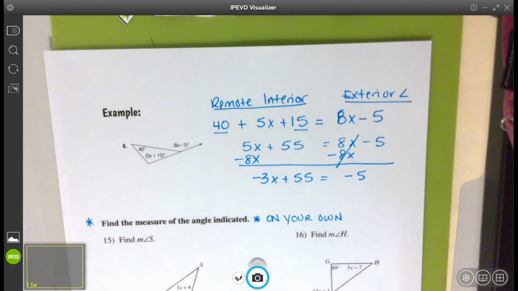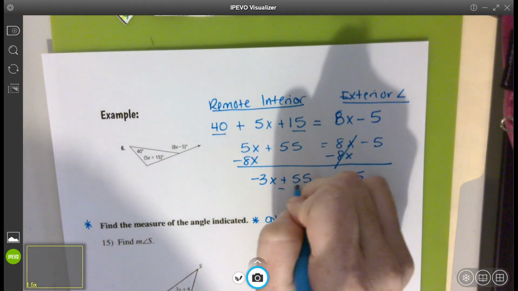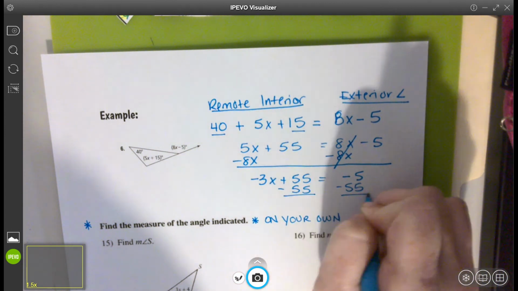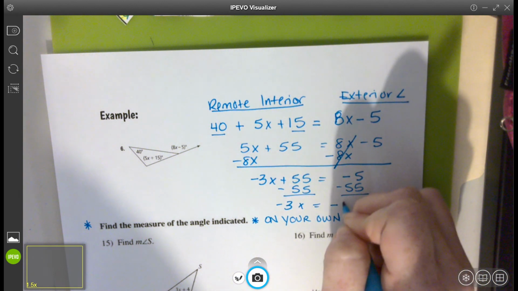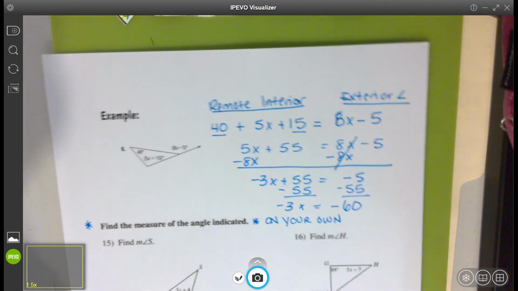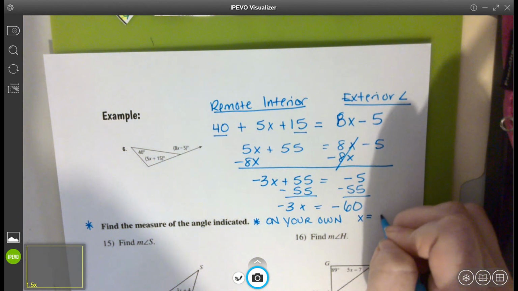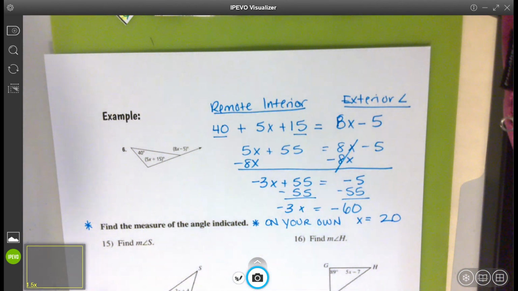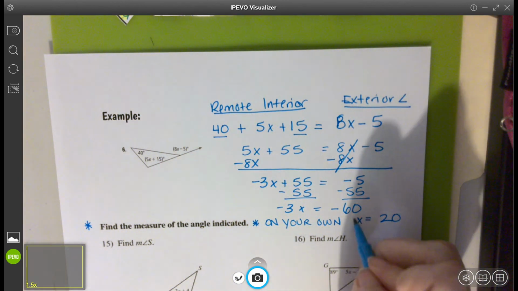Do not forget to bring that negative down. So now I'm going to subtract 55 from both sides. So now I have negative 3x equals negative 60. When I divide, I'm going to have x equals 20, positive 20. Negative divided by negative is a positive, right? And that's my final answer.